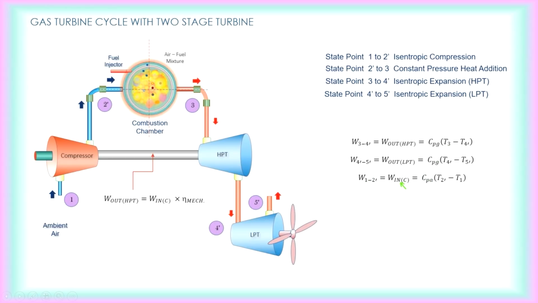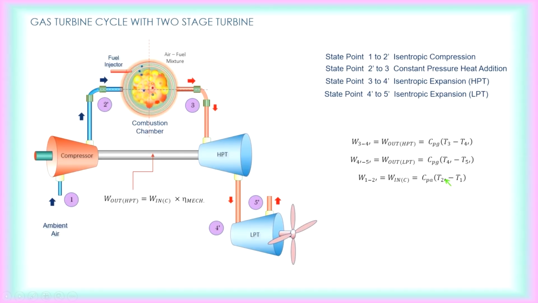Then you have work input in the compressor, which is CPA. So this is the specific heat capacity at constant pressure for air. So that is T2 prime. This is the actual gas turbine cycle, it's not the ideal gas turbine cycle. If it were the ideal gas turbine cycle, you straight away take T2 minus T1.